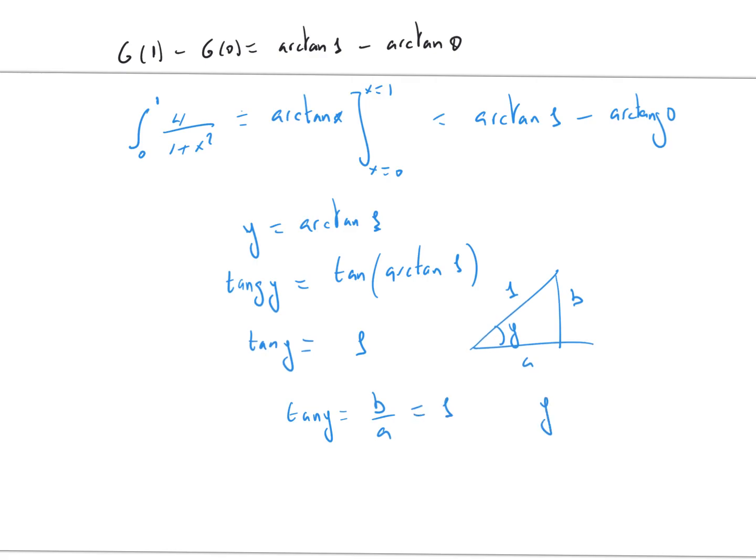So I know that y should be 45 degrees, or pi divided by 4, because tangent of pi divided by 4 is 1.